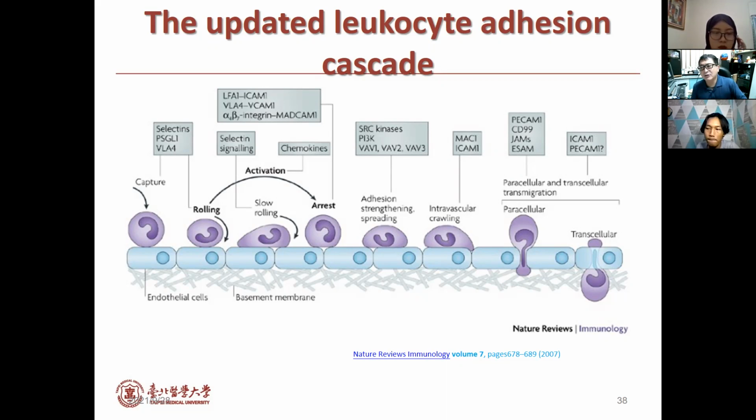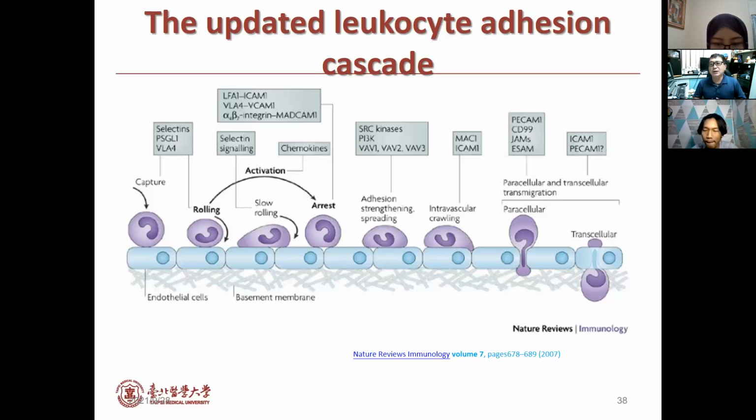L-selectin is very useful for lymphocyte migration in the lymph node. That's the reason why they label it with the L, for lymphocytes. P-selectin is expressed on platelets and also endothelial cells. E-selectin is secreted from the endothelial cells.